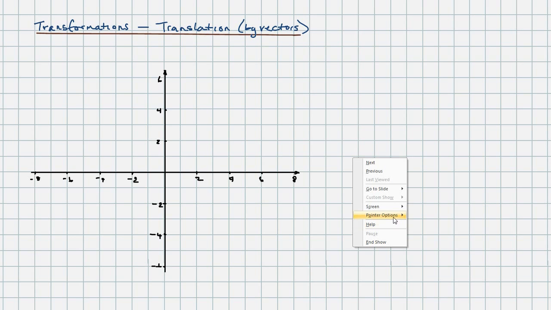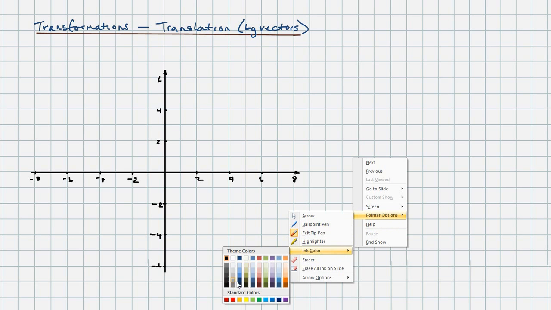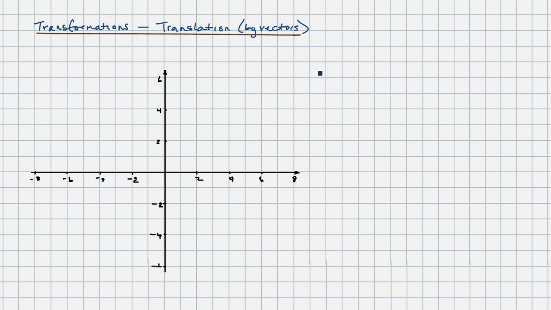Now we can start thinking about translation. We're going to translate by a vector. If we translate by a vector, all that means is we're going to move the coordinate plane, we might move it horizontally, we might move it vertically.